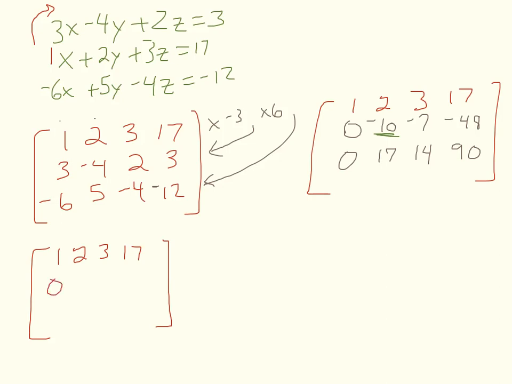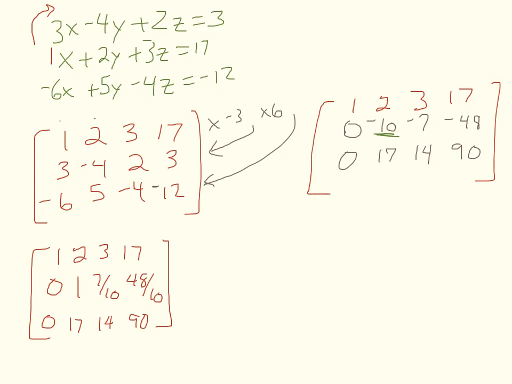Negative 10 times negative 1/10 is 1, which is what we want. Negative 7 times negative 1/10 is 7/10. And negative 48 times negative 1/10 is 48 over 10. Okay? And the third one is, again, the same: 0, 17, 14, 90.